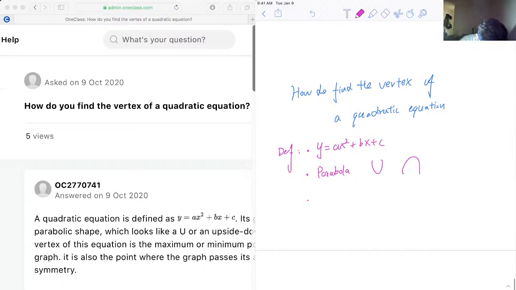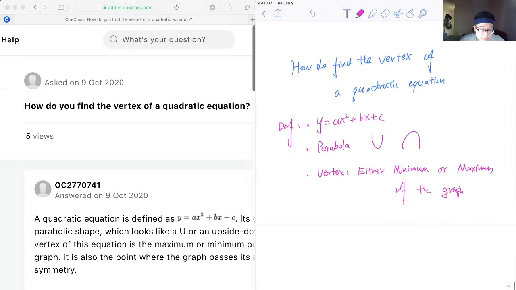Okay, and the vertex of its equation is either the maximum or the minimum point of the graph. Okay, and it is also the point where the graph passes its axis of symmetry.